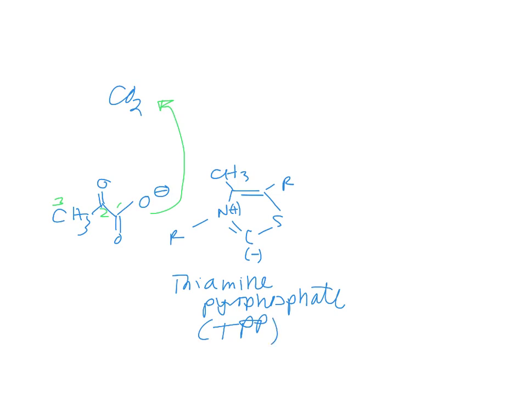Okay, so the negative charge on the TPP is going to be the one that's going to attack here. So we'll get a CO2, we'll leave, and then this whole thiamine pyrophosphate, which is part of the E1 subunit of the PDC complex, is going to grab a hold of those last 2 carbons.